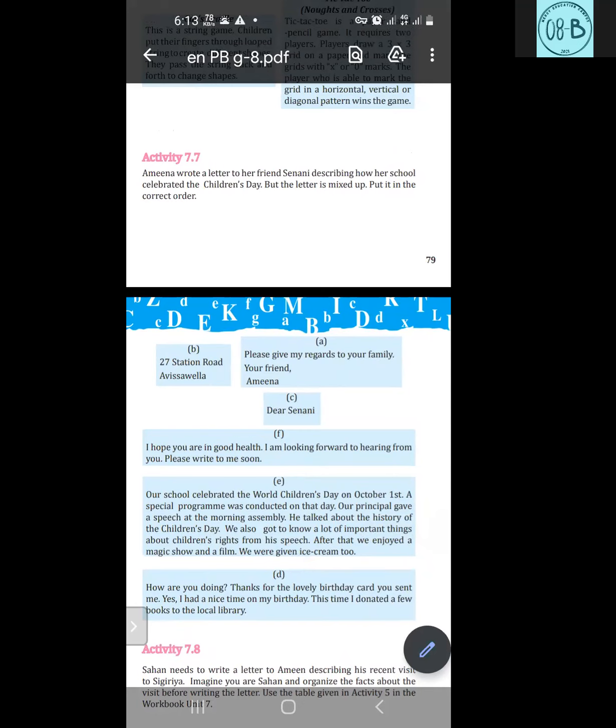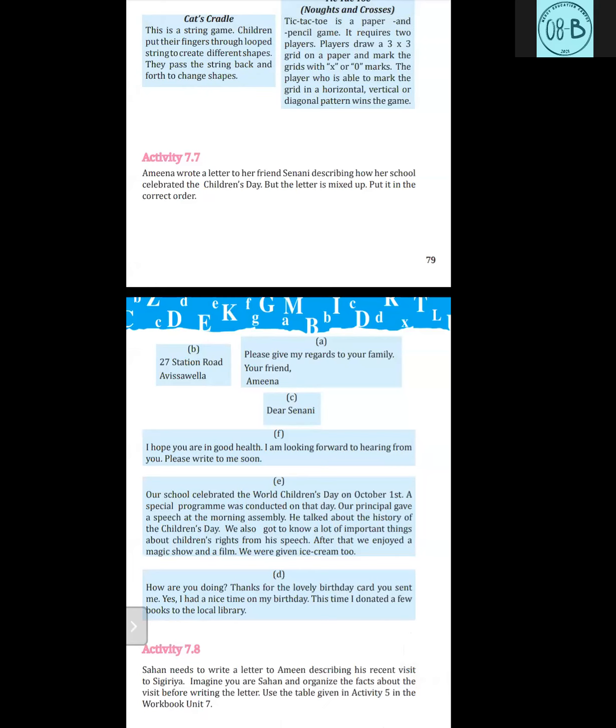So look at the activity 7.7. Amina wrote a letter to her friend Senani describing how her school celebrated Children's Day. But the letter is mixed up.